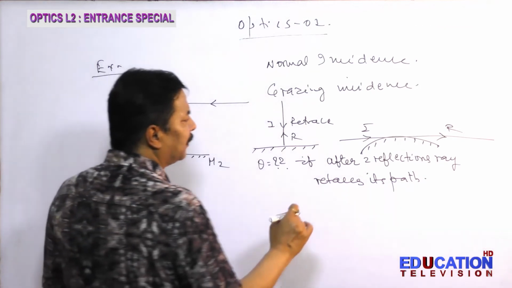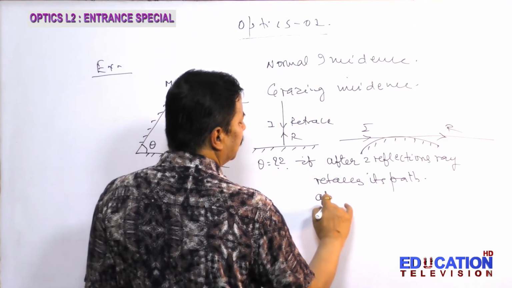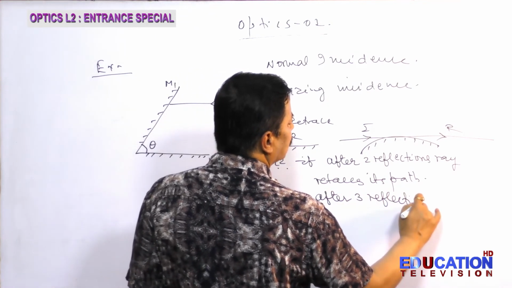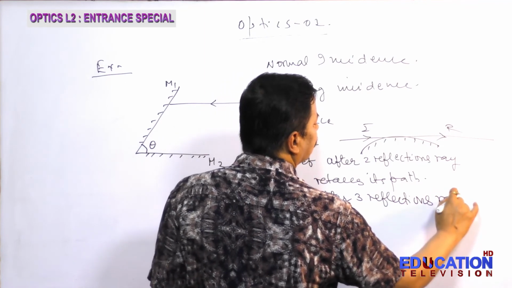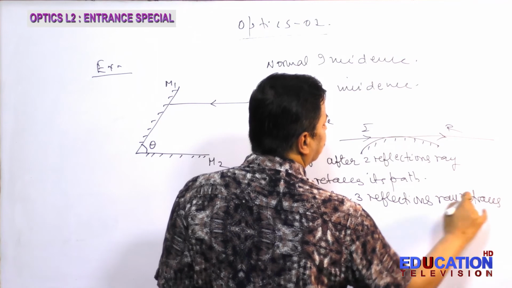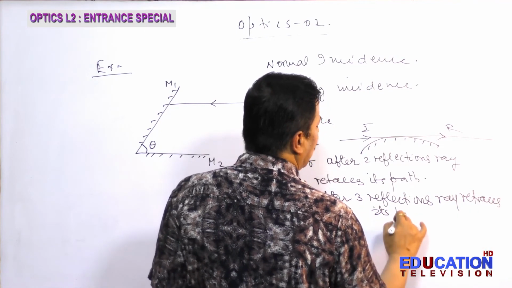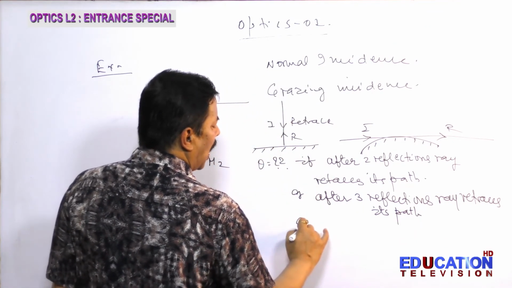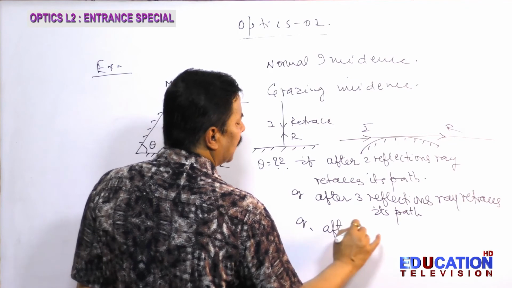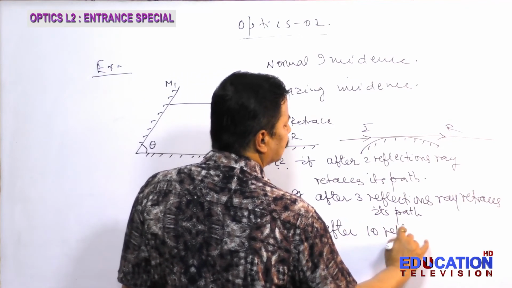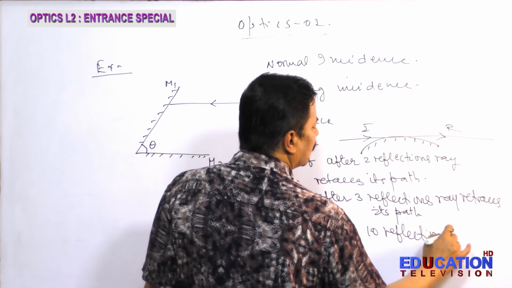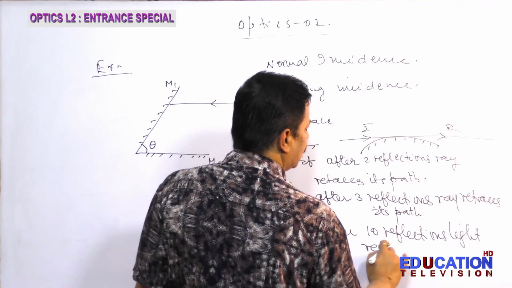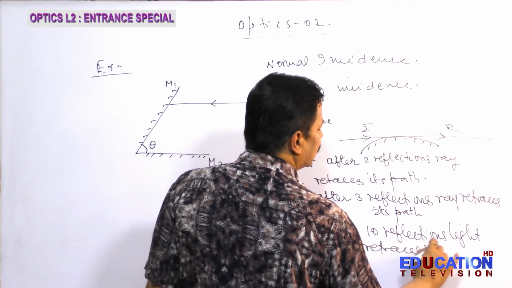Or the question can be: after three reflections the ray retraces its path, or after suppose 10 reflections the light ray retraces its path.